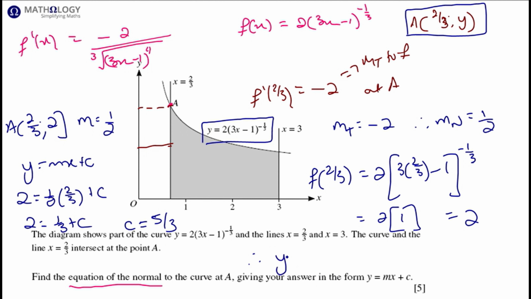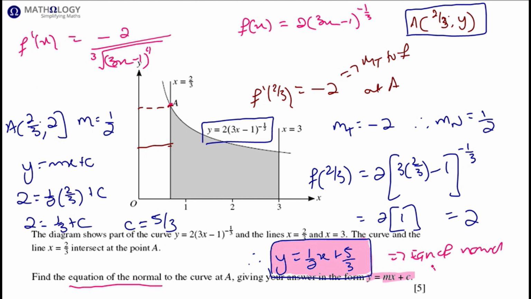Therefore, the equation of the normal is y equals a half x plus 5/3. We don't have to manipulate this to put into any other form because they wanted it in the form y equals mx plus c. So y equals a half x plus 5/3 is the equation of the normal to f through point A.